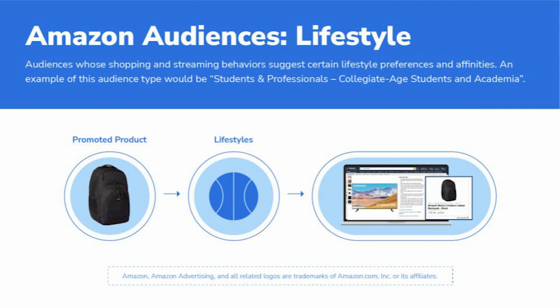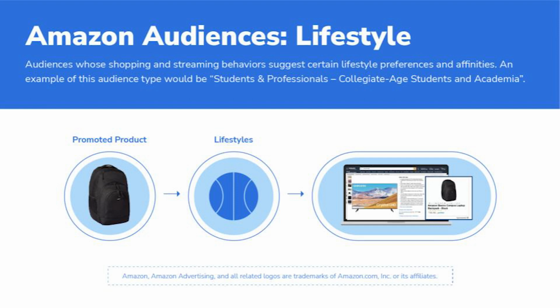So the first one is lifestyle. Effectively, these are audiences whose shopping and streaming behaviors suggest maybe a certain lifestyle preference or affinity. An example of this audience would be students and professionals. So obviously, shoppers who have been buying a lot of school-type equipment, maybe before the new school year, Amazon's going to notice that particular shopping behavior and put them in the category of students and professionals.